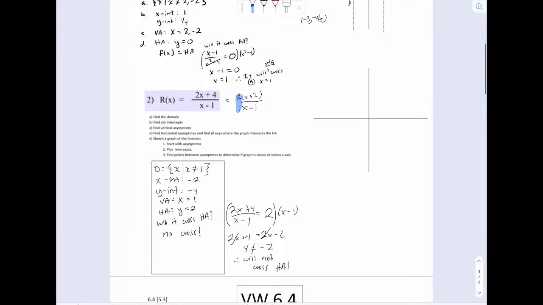Now we can graph. So my x-intercept and y-intercept, let's put that down. -2, and 1, 2, 3, 4, -4. We have a vertical asymptote at 1 and a horizontal at 2. So let's sketch those.